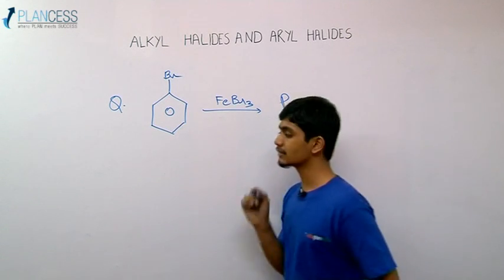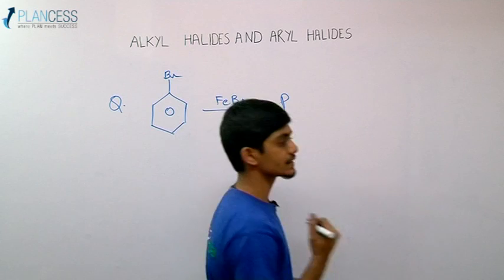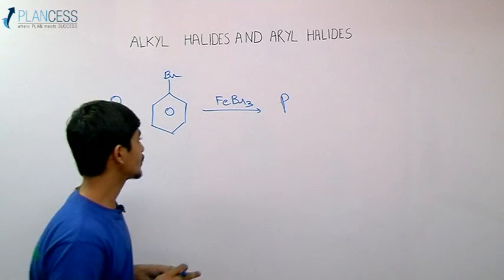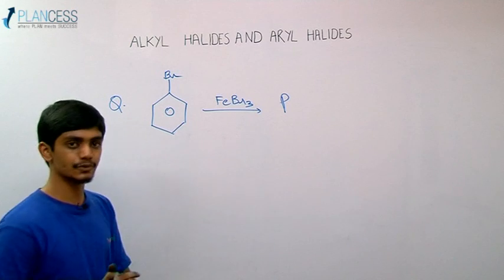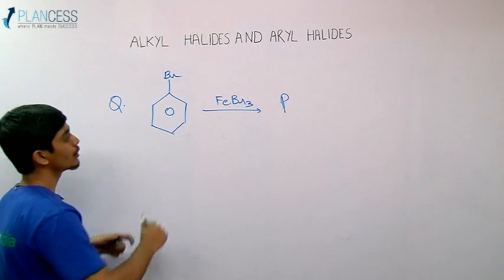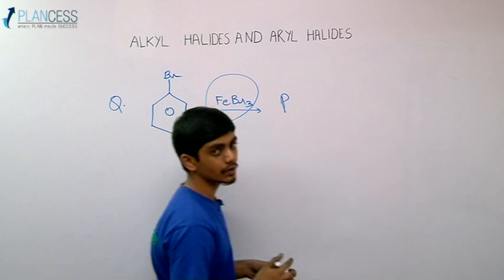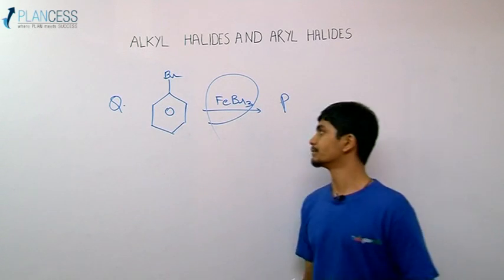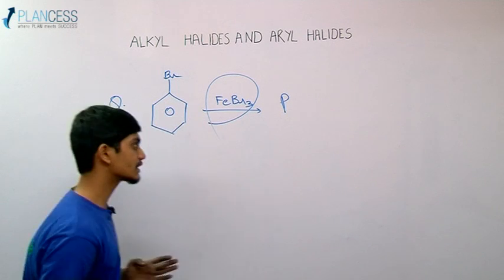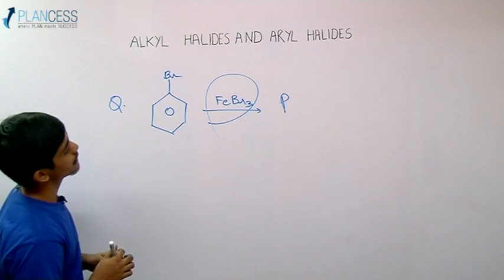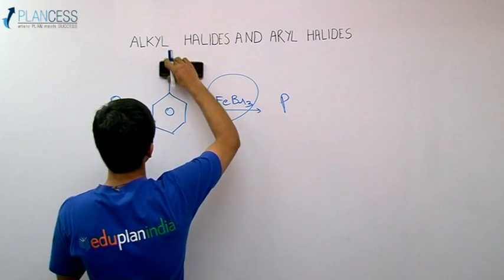So this has to be either a nucleophilic aromatic substitution or an electrophilic aromatic substitution. In order to determine which, you need to first find out what this molecule is, whether it is a nucleophile or an electrophile. And in fact, this is a catalyst. It is neither an electrophile nor a nucleophile. And I think I made a mistake over here. This is CH3.